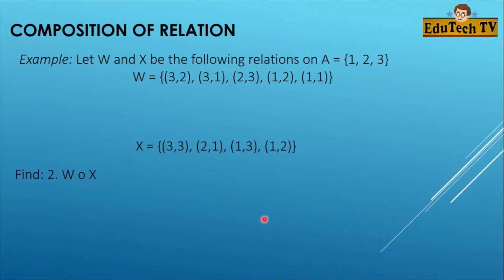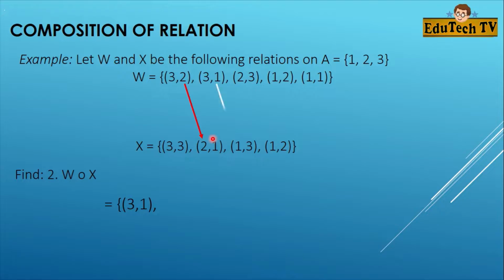Next example, how about W composed with X? And our point of reference here is W. So we're going to look first at W before going to X. Next, (3, 2). So find 2 in X. So we have here. Okay, so the first ordered pair would be (3, 1).